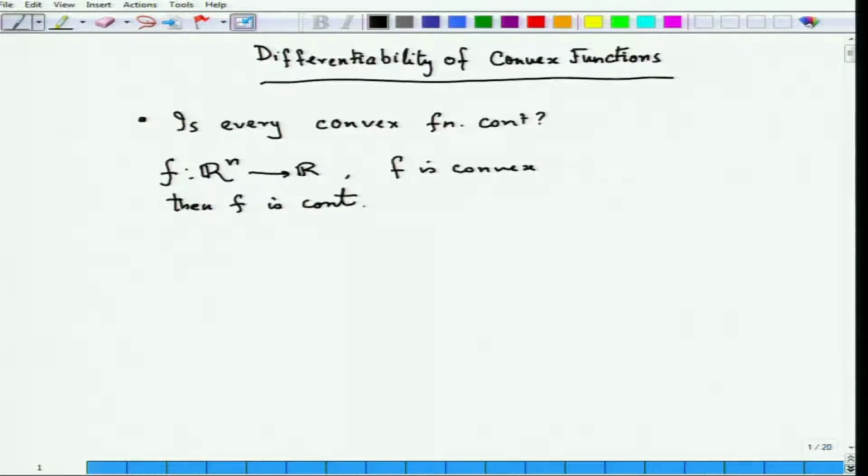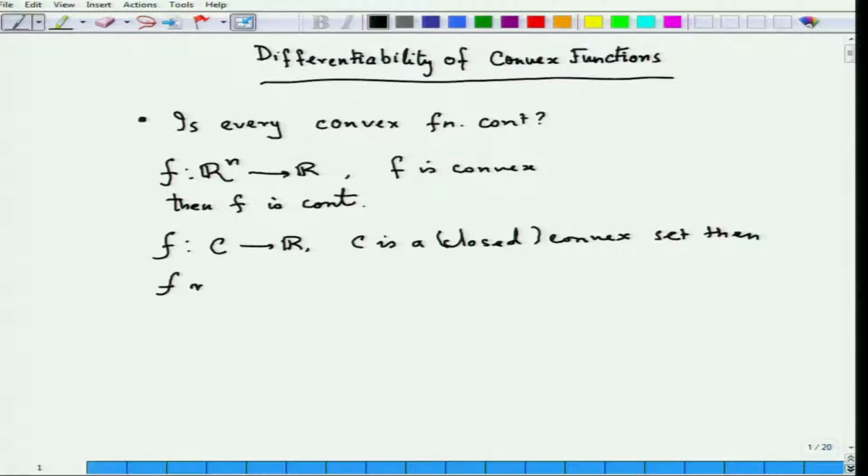So, this is something quite interesting, but if you take a function f from C to R, where C is a closed convex set or a convex set, you need not bother about closed, I am just bracketing it, then f may not be continuous over whole of C. Let me take this very simple thing.